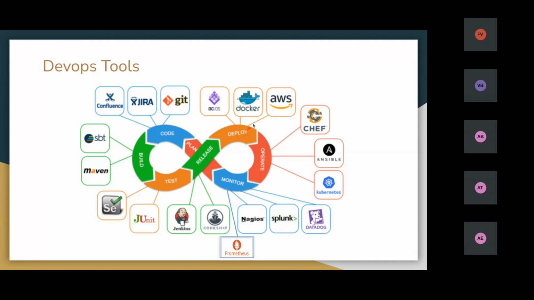and for deploy, the release will be deployed to AWS, Docker, like that. Then for operation we will use Chef, Ansible, Kubernetes, etc. Then the next stage is monitor.